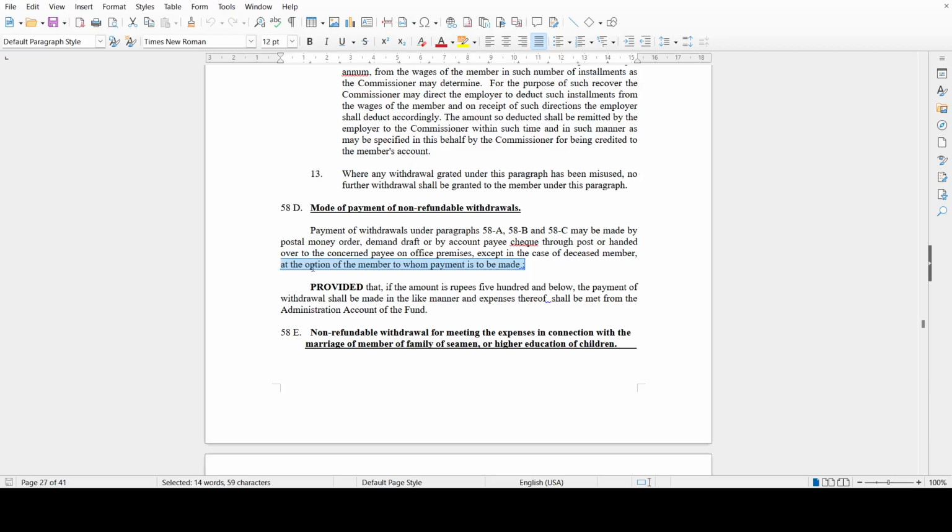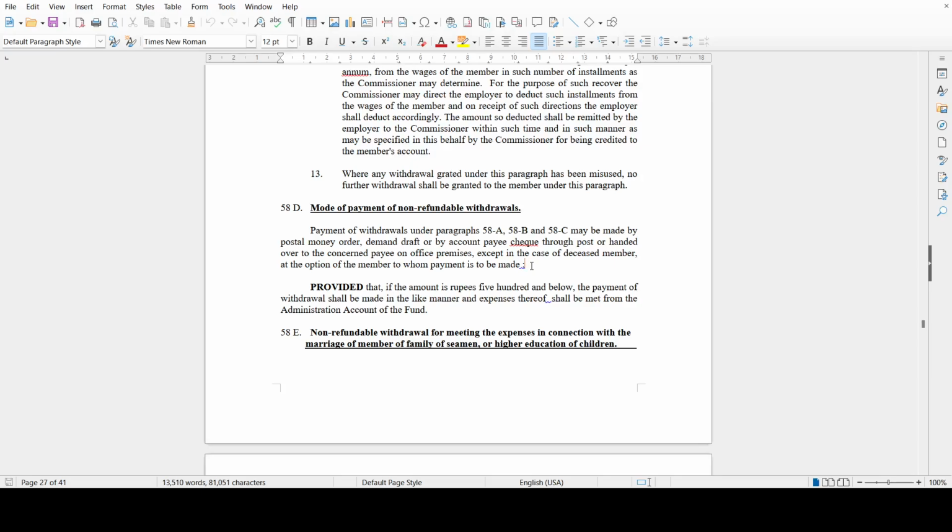Now why is nomination important, why must you provide a nominee in your Seaman's Provident Fund? Because even as per government data, till today around 8,505 crores of rupees is lying in Seaman's Provident Fund accounts, or maybe you can say with the government in this scheme, which is not claimed by anyone.